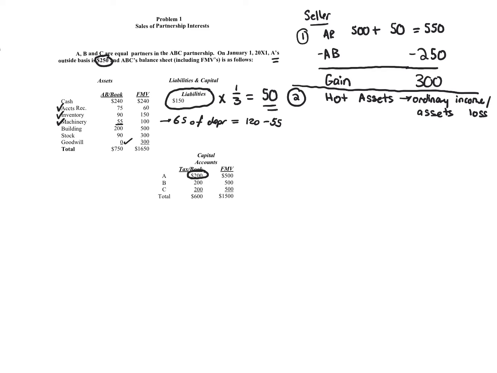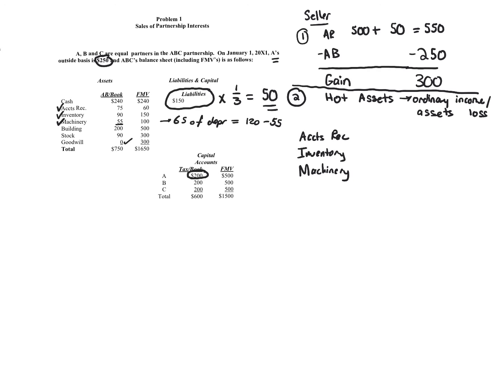Remember, step 1 is the total gain. In step 2, you must recognize the partner's share of hot asset ordinary income or ordinary loss that the partnership would have had to recognize if it sold it. So we've got these three assets: accounts receivable, inventory, and machinery.